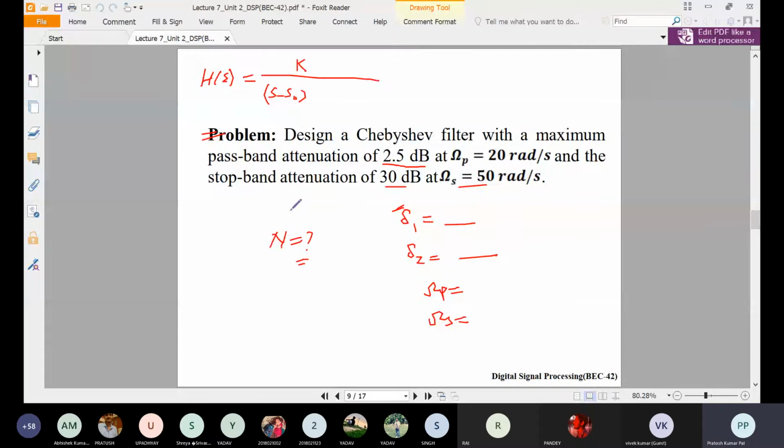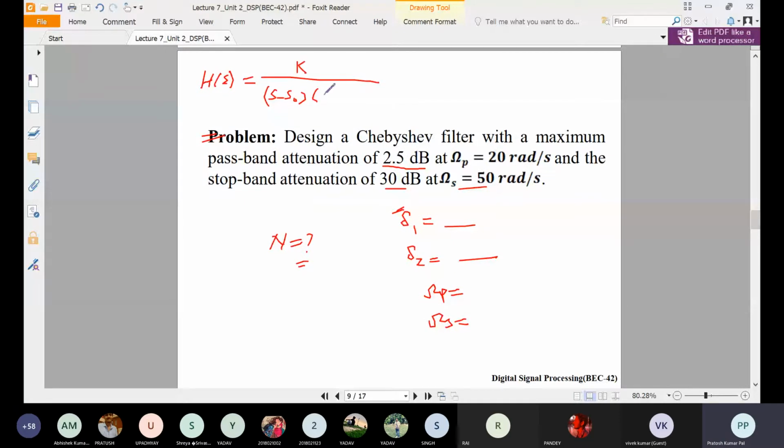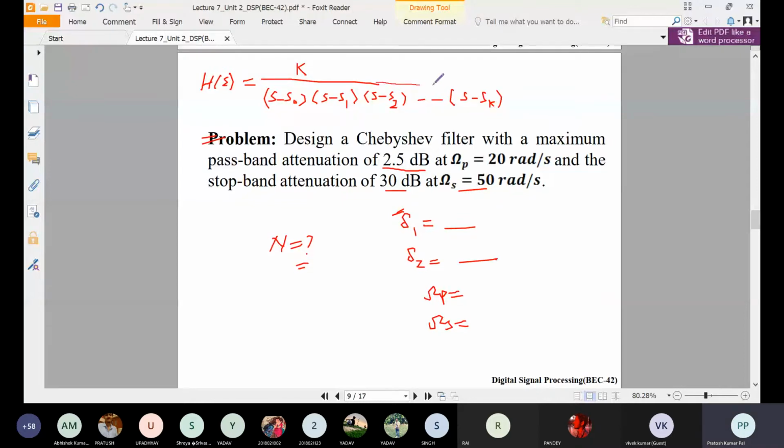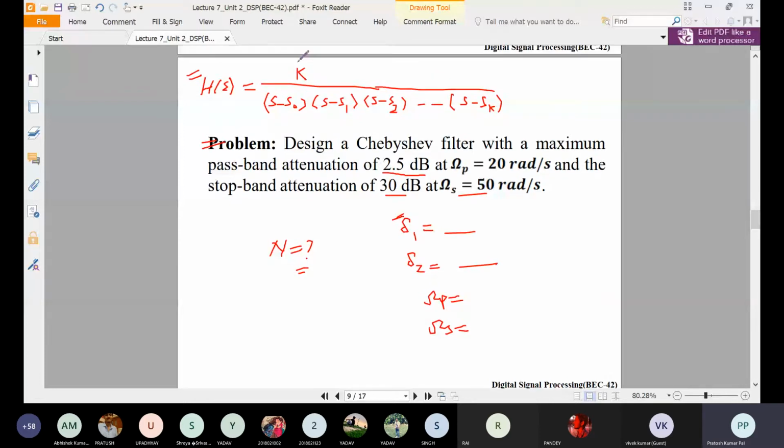So suppose first pole is s0, another one is s1 as the pole location, and so on. So this will be the generalized formula of the transfer function in case we know the poles location. And this k value is a constant.